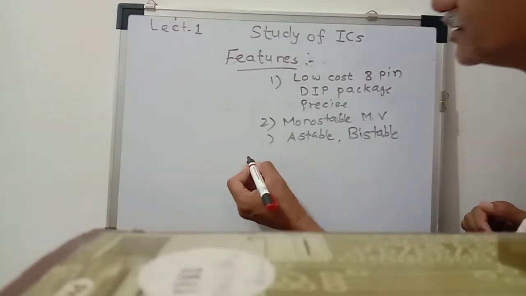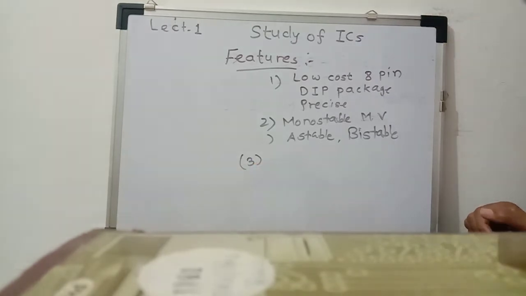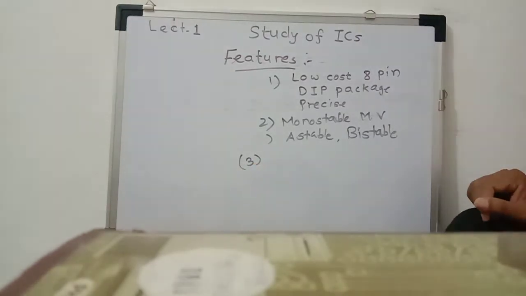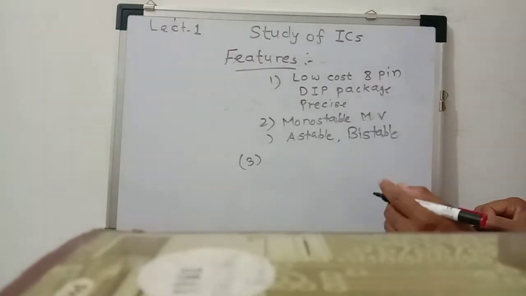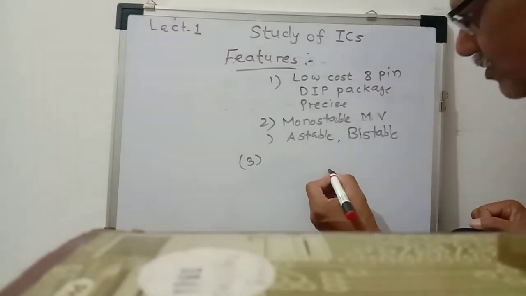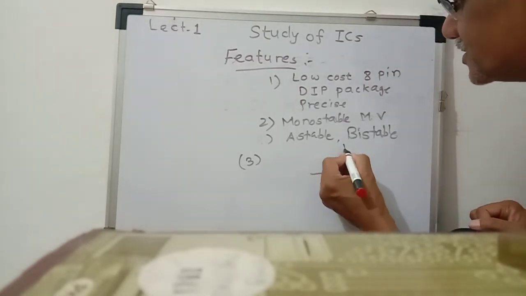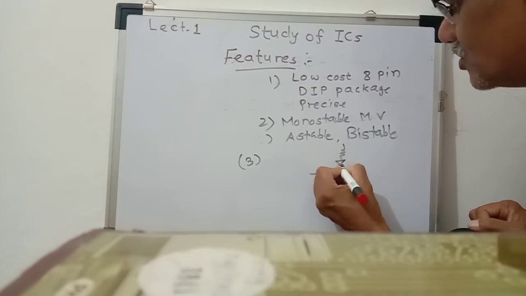Then third feature, it provides two complementary outputs just like a flip-flop, Q and Q bar. From the output of this IC we can connect two LEDs.